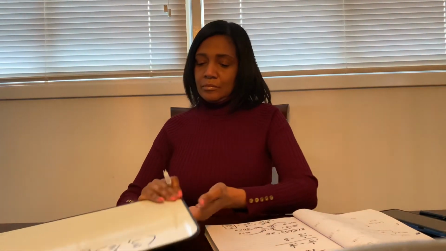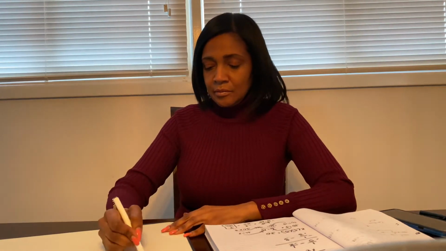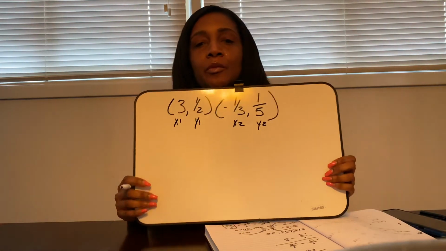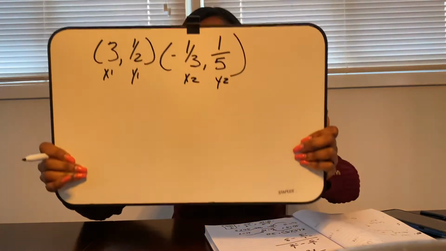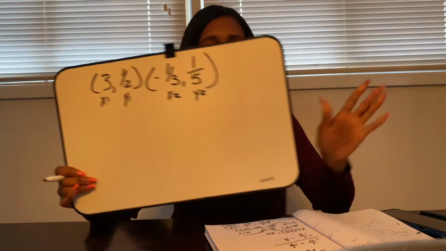So, once again, what is the first thing we do? We identify the x1 and the y1. And then we identify the x2 and the y2. So just as we did before, x1, y1, x2, y2. Okay? No problem.